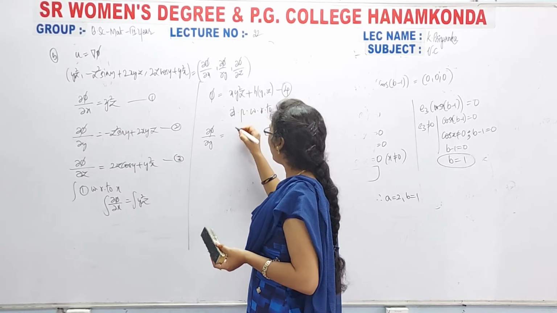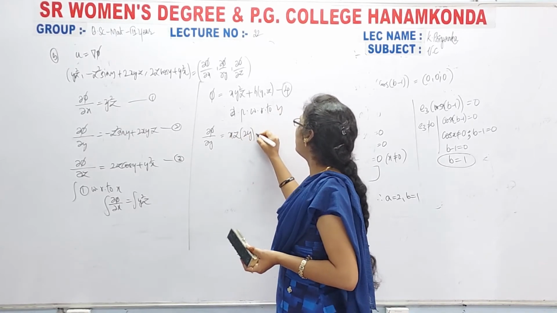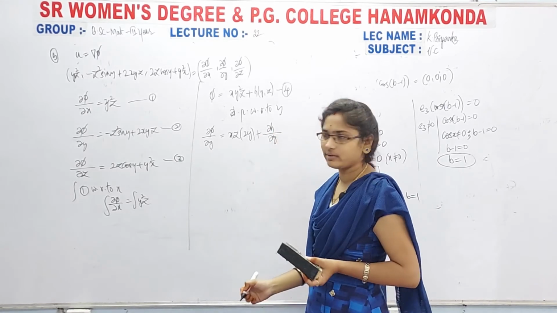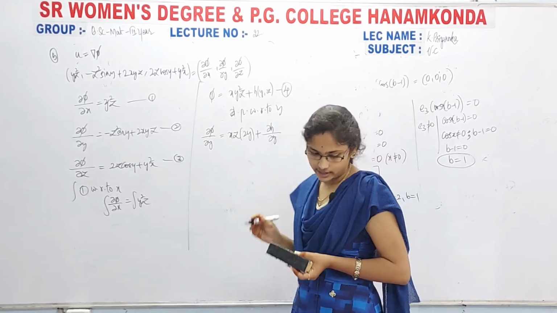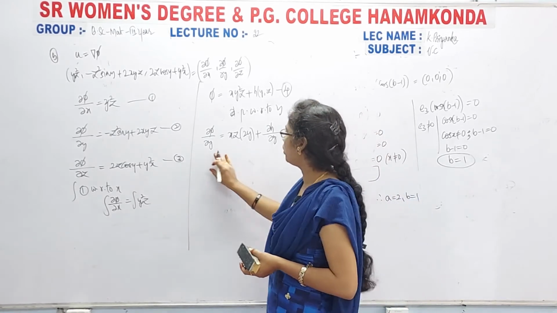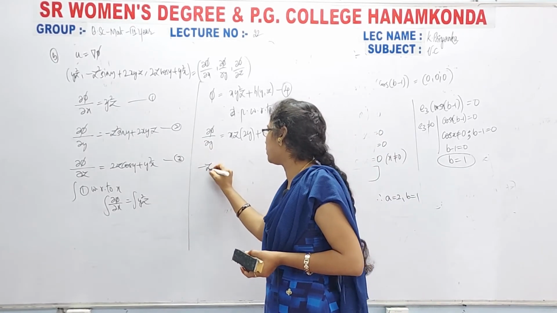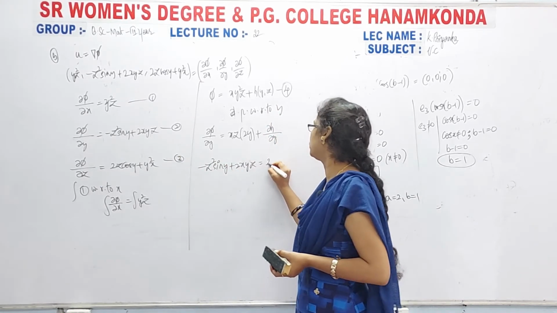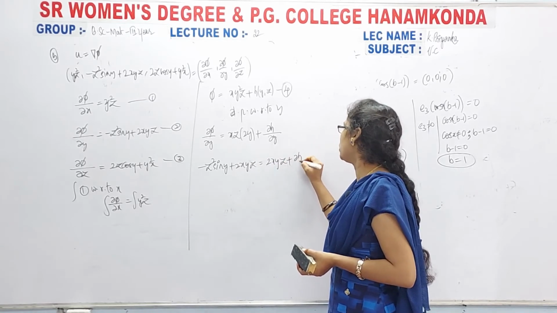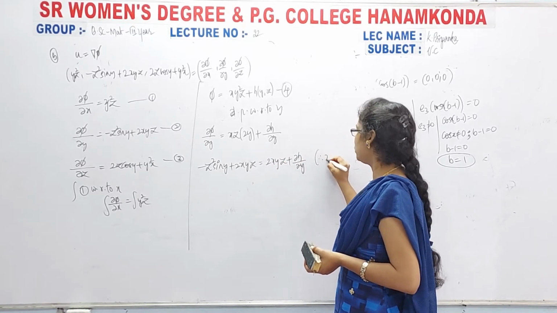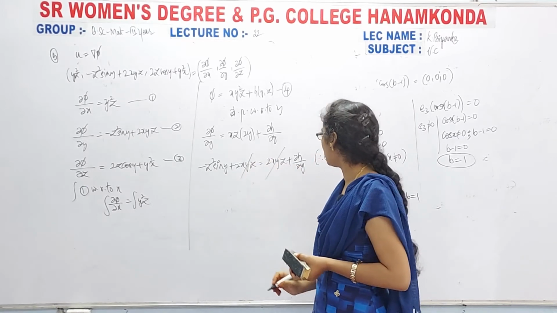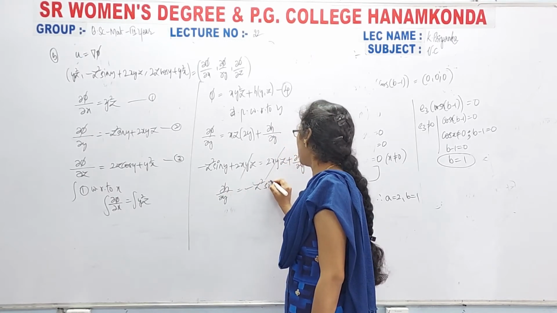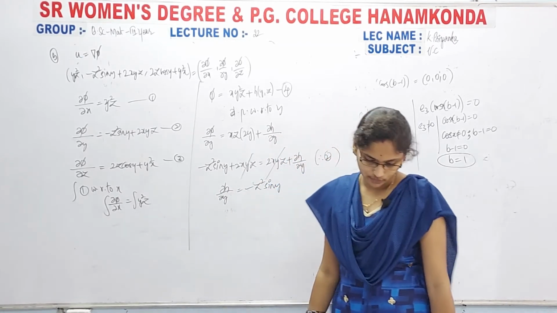Now dou pi by dou y from equation 2 is minus z square sin y plus 2xyz, equal to 2xyz plus dou h by dou y, and the 2xyz terms cancel. Now we have that dou h by dou y is equal to minus z square sin y.